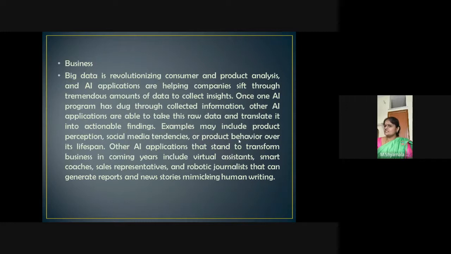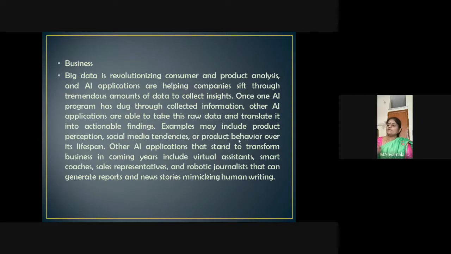And in business, big data is revolutionizing consumer and product analysis, and AI applications are helping companies to sift through tremendous amounts of data to collect insights. Once one AI program has dug through collected information, other AI applications are able to take this raw data and translate it into actionable findings.